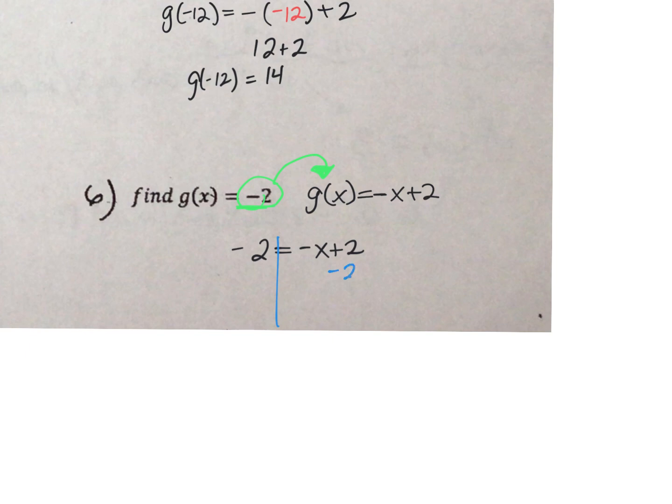Subtract 2. Negative 2 minus 2 is negative 4 equals negative x. Divide by negative 1. Remember, when we have negative x, we have to divide by negative 1 to make the x positive. So x is equal to positive 4.